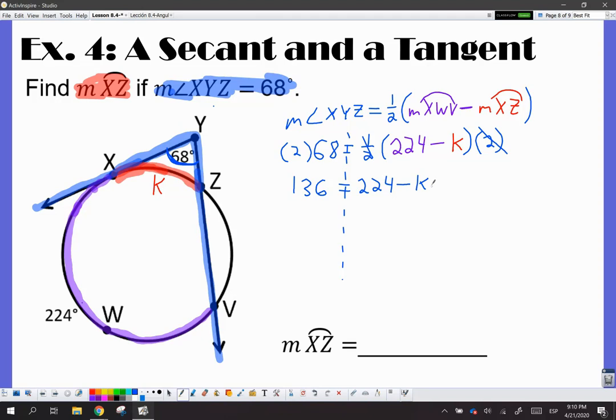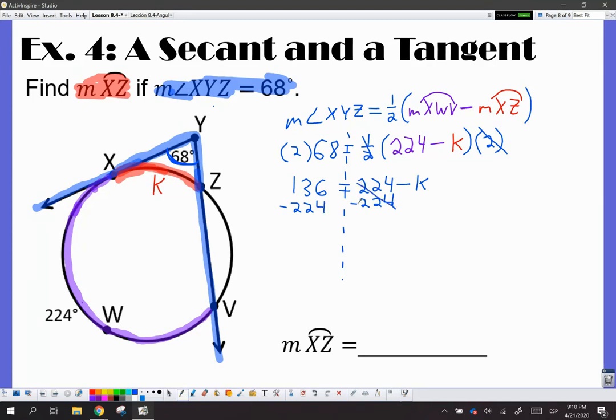Since I'm solving for K, I don't have any K's on this side. The only thing that I need to get rid of is this 224. Since it's positive, I'm going to be subtracting 224 from both sides.